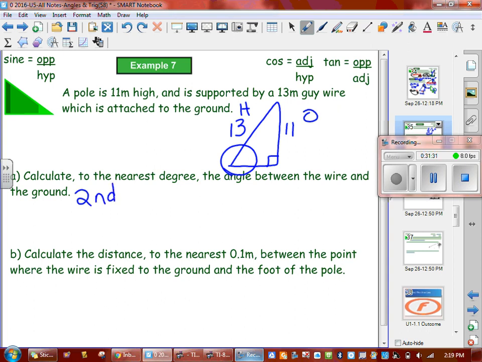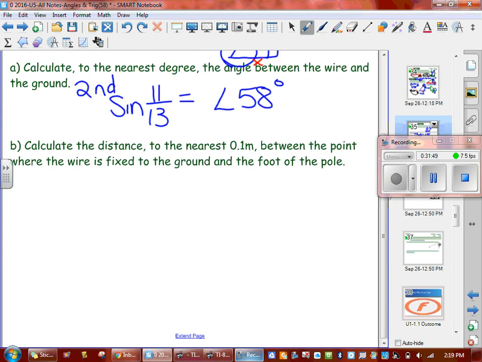Now we need to find how far it is from the ground. That is our next thing to find. So that is labeled x. So now we are taking sine of 58 degrees is equal to, sorry, it's not going to be sine, it's going to be cos.